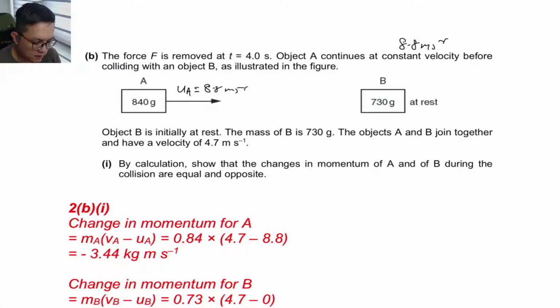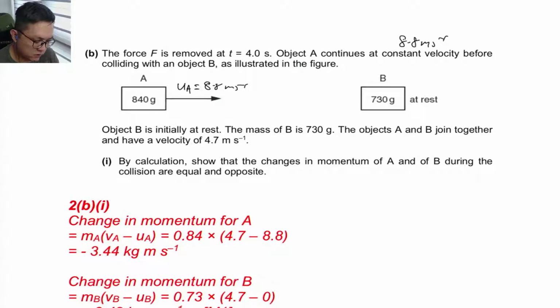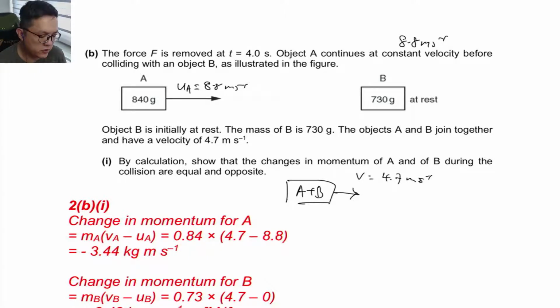Then after they collide with B, they will stick together. So after collision, let's just draw at the bottom here. After collision, this will become A plus B with a velocity of V equals 4.7 meters per second. So calculate change in momentum.